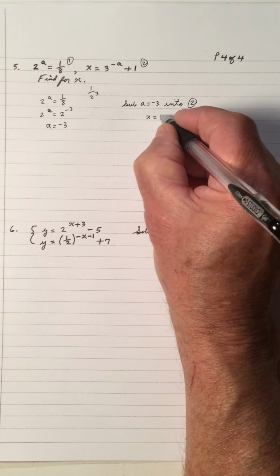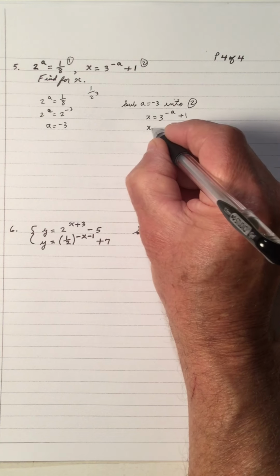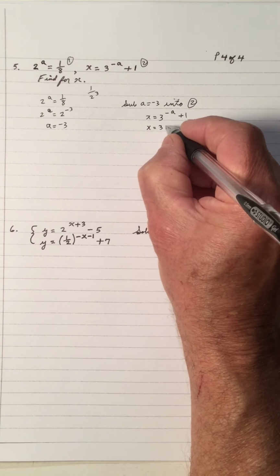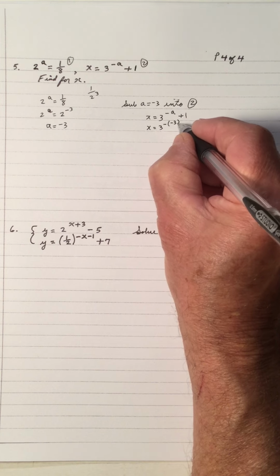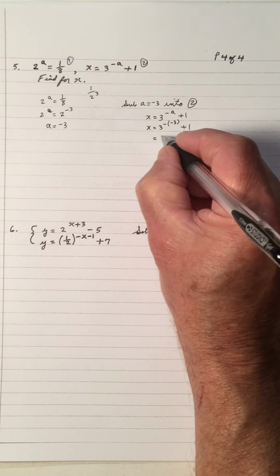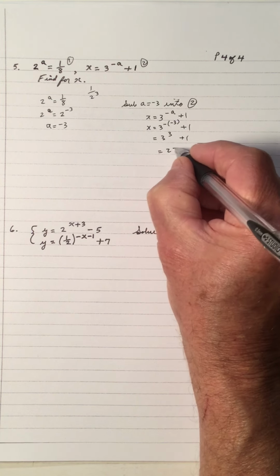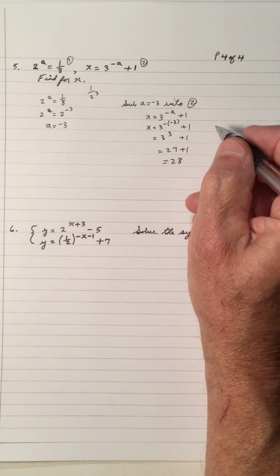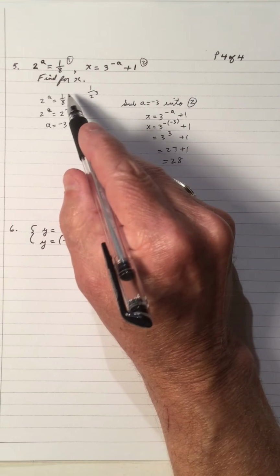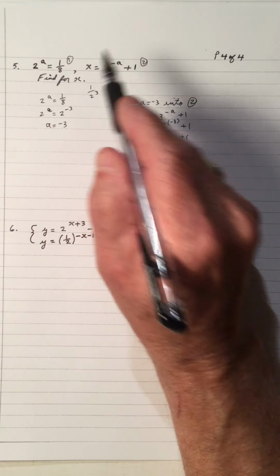So x equals 3 to the negative a plus 1. a is negative 3, so negative negative 3 plus 1. 3 to the 3 plus 1, 27 plus 1 is 28. So notice I have to solve this one for a and sub it in here, and that will give me my x.